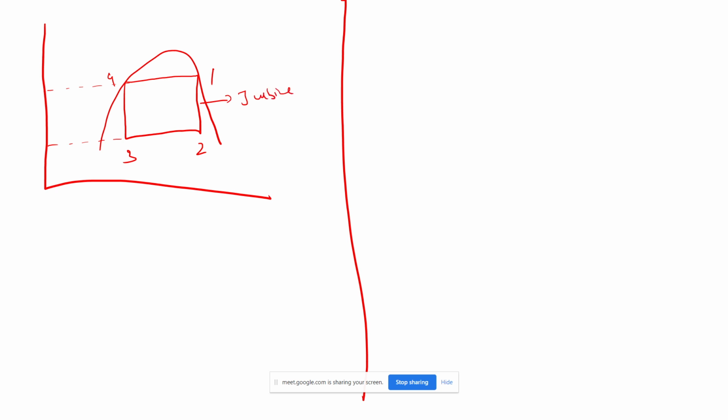Heat addition, work is done on the turbine side. Heat rejection takes place here, it is the condenser. It is the pump or compressor, you can say that. Here heat addition will take place, and it is called the boiler.